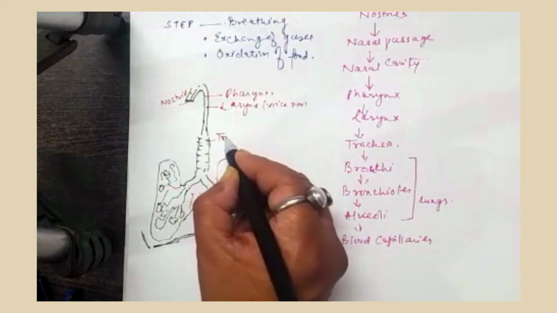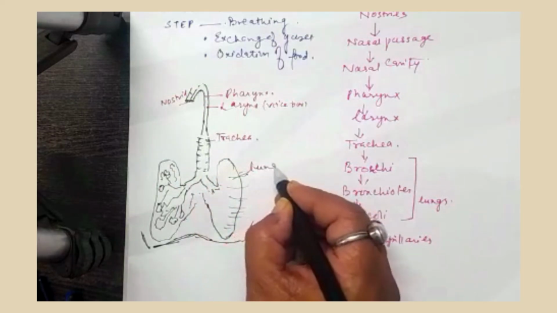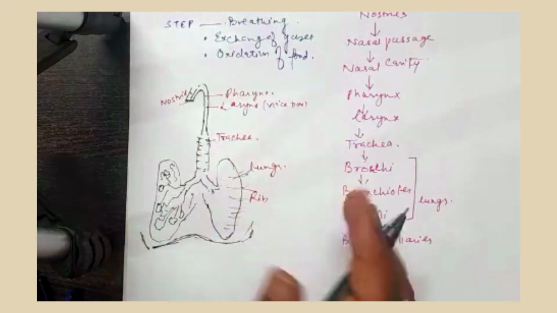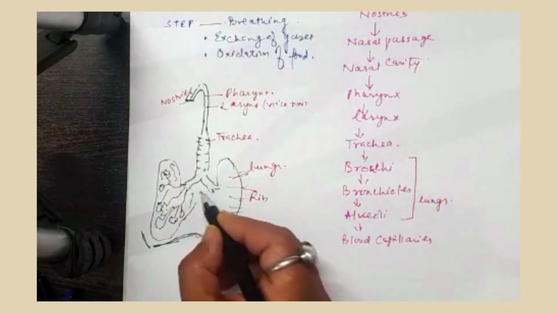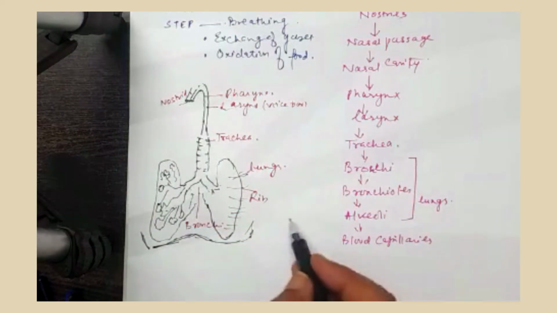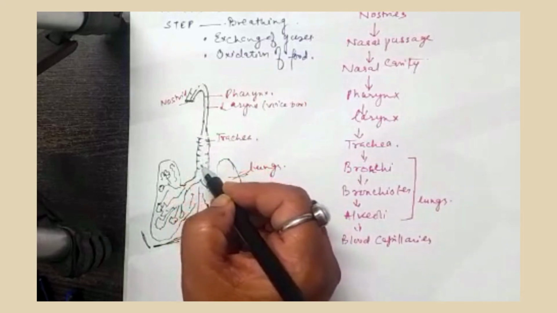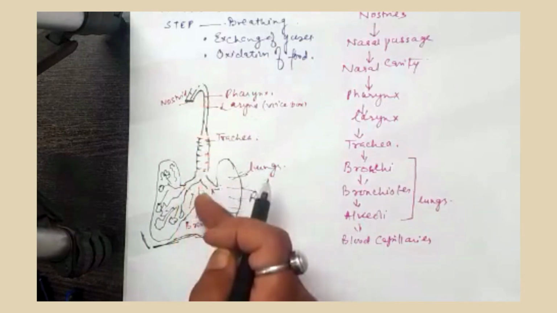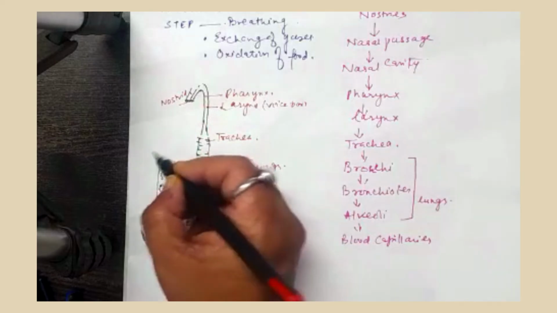Now this is the trachea, these are lungs, fine, here ribs are there, this whole thing is a cage, and this is bronchi, fine, then these are cartilages. Cartilages are inside the trachea to keep it open so that movement of air is easy to go inside, and these are alveoli.